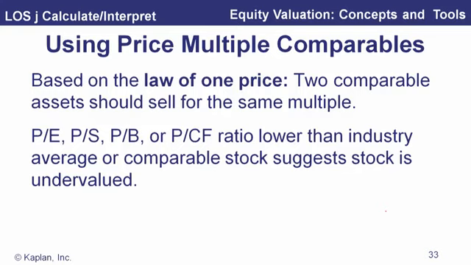So how do we use those? Well, it's based on what we call the law of one price. If two firms are comparable, or two assets are comparable, they should sell for the same multiple. So if we have a PE or price-sales ratio or whichever ratio lower than the industry average, or a comparable stock, or a peer group of stocks that you've constructed for comparison purposes, that would suggest that the stock is undervalued.